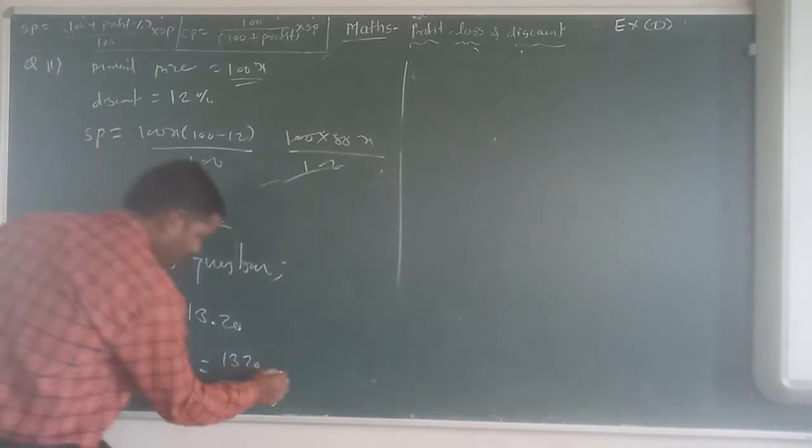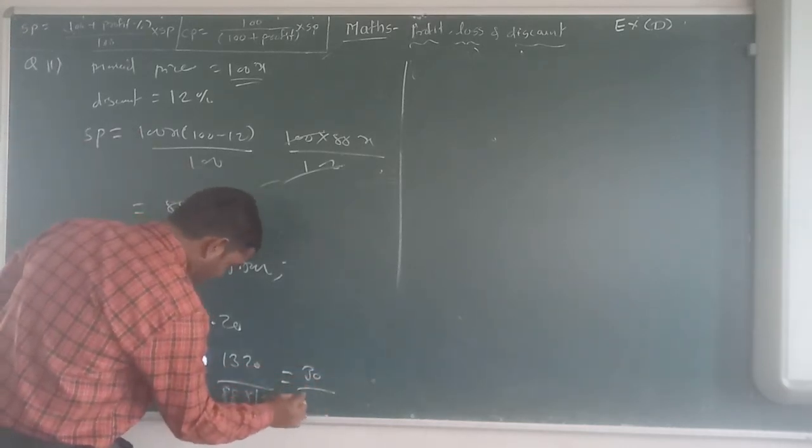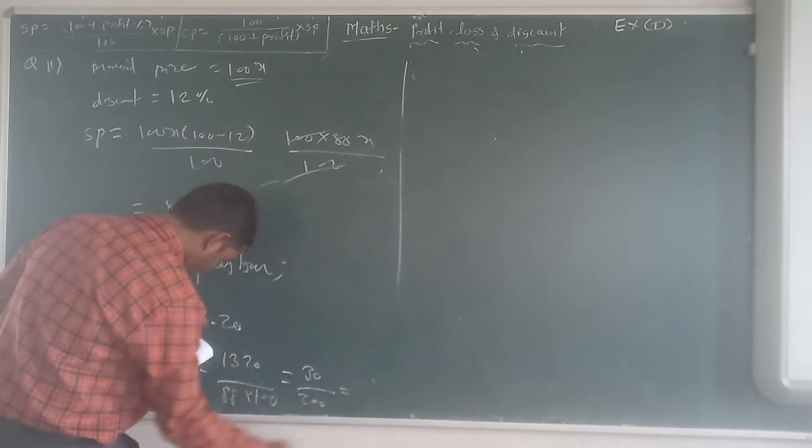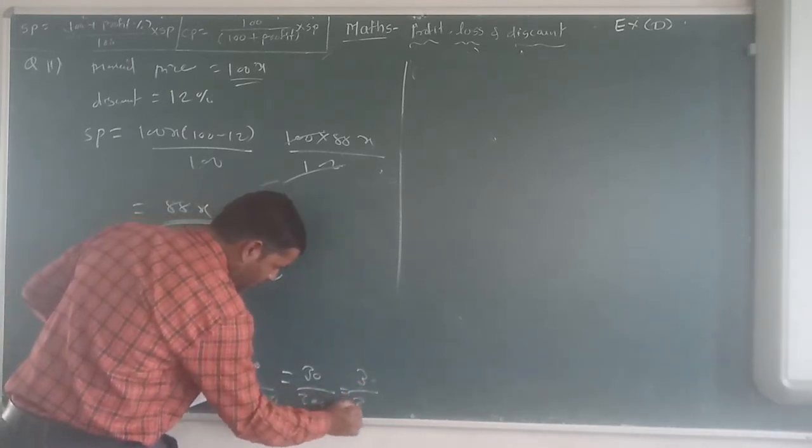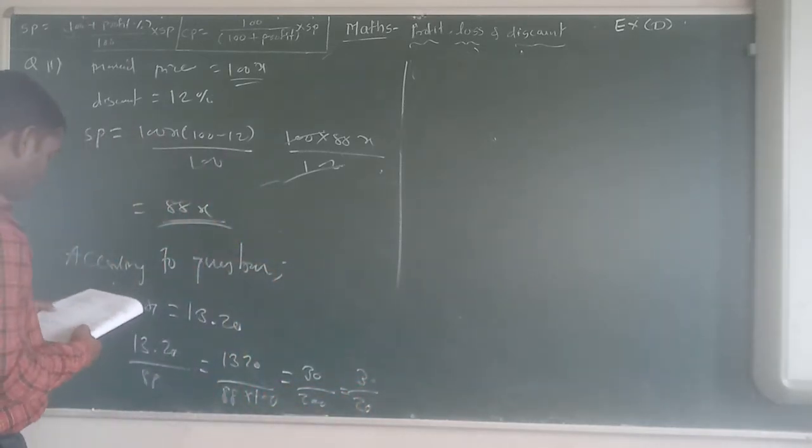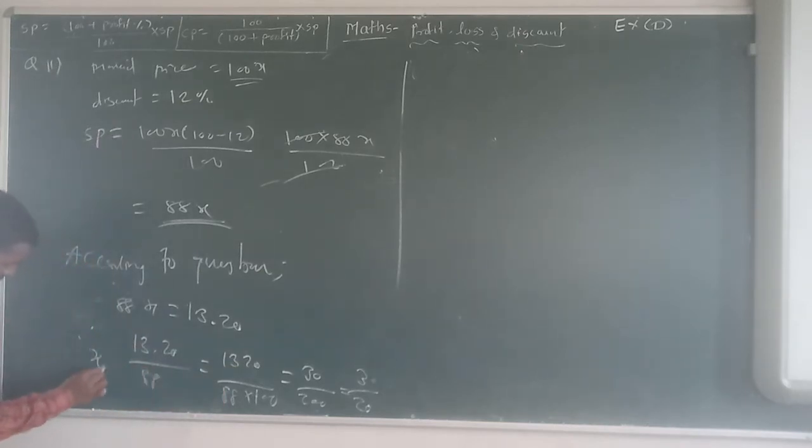This gives 30 upon 200, which is 3 upon 20. So x is equal to 3 upon 20.